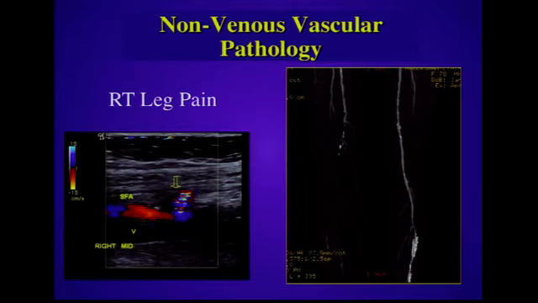And you can see the nice correlation between the duplex examination showing occlusion of the superficial femoral artery at the mid-thigh level, and the MR also demonstrating the arterial occlusion and the collateral coming off at the same level.